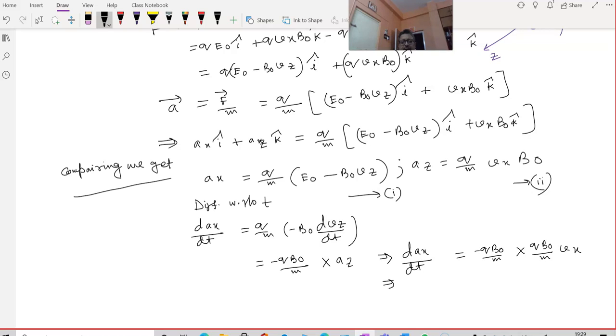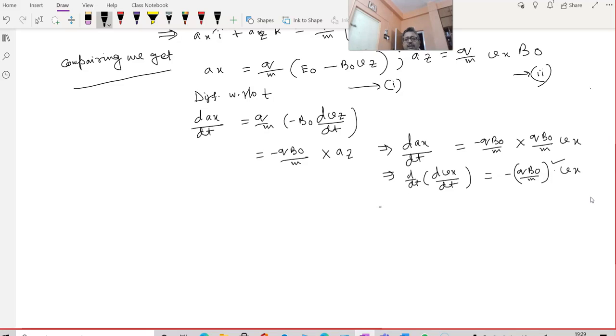And here what do you get? Ax is dVx by dt. This is minus Q V0 by M whole square into Vx.